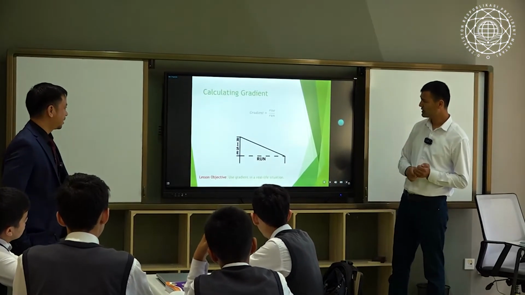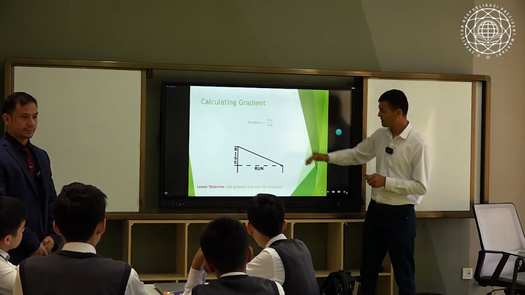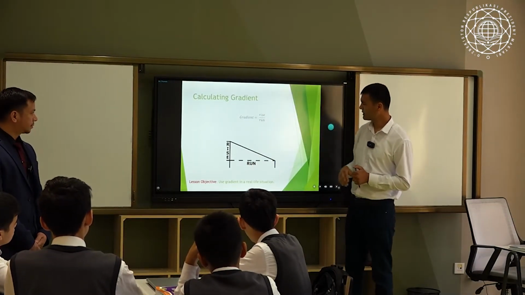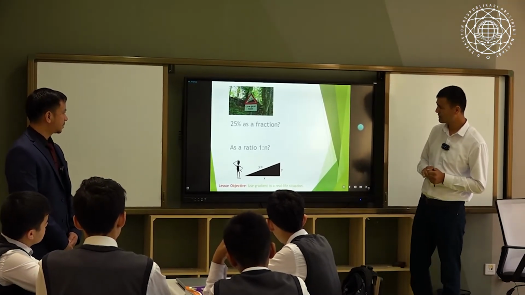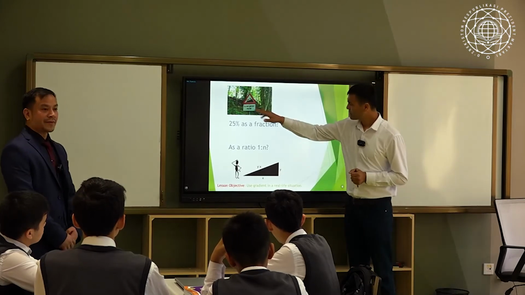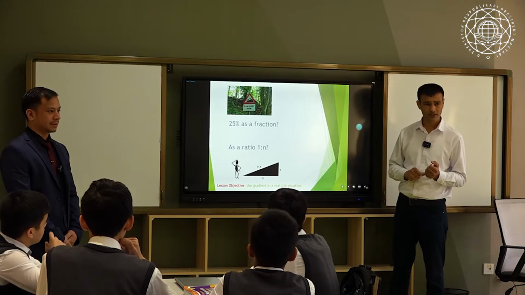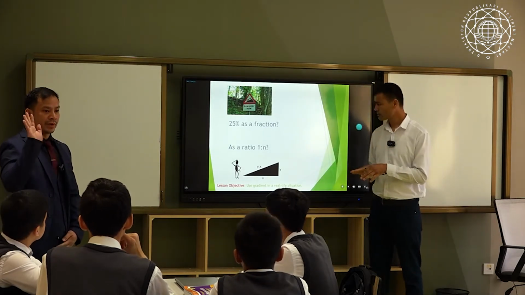Calculate the gradient as rise over run. Rise divided by run. Always we find this type of gradient. What's the fraction of 25%? 1 over 4. Meaning it is 1 over 4. So, if we put it in ratio, what is that?